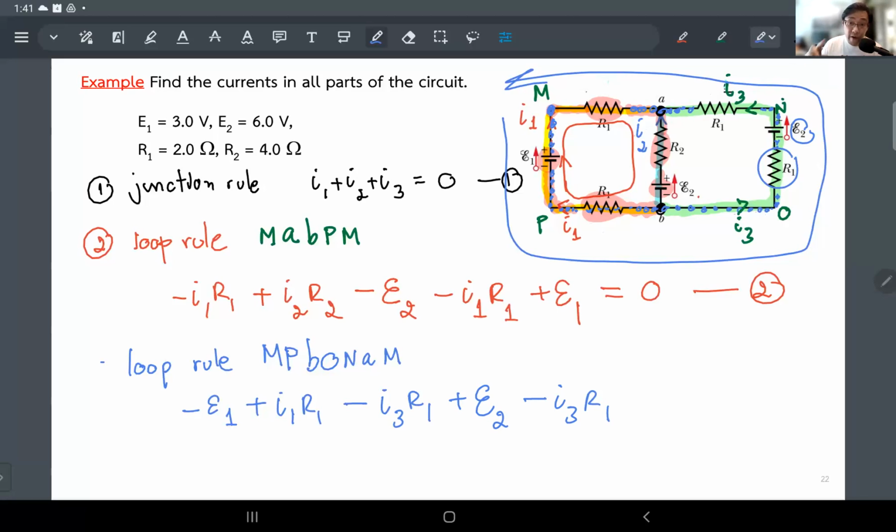So I'm going from low to high, right? Because I'm going against it. So what I get over here is positive I1 R1. Done with that. Back to M. These changes in potential difference across each device along the way must sum up to 0. That's my third equation. 3 equations, 3 unknowns, plug in the numbers, solve it, and you are done.